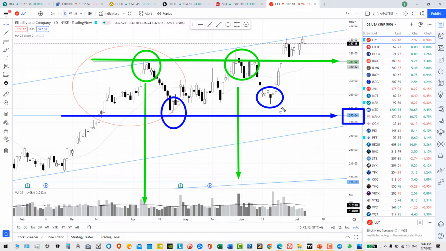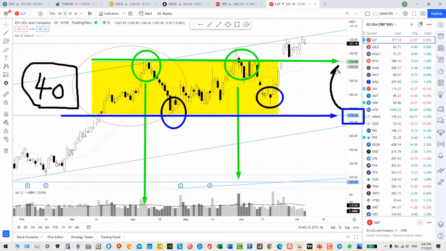So at that time, over the short term and over the daily chart, it looked like the stock was moving in a trading range of approximately $40 thickness. And this is a pretty thick trading range between 275 and 315 approximately. So we do have a relatively thick trading range.